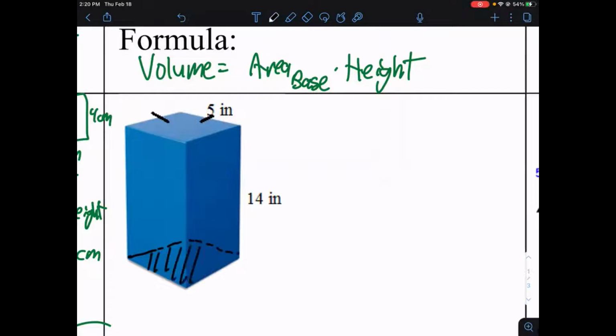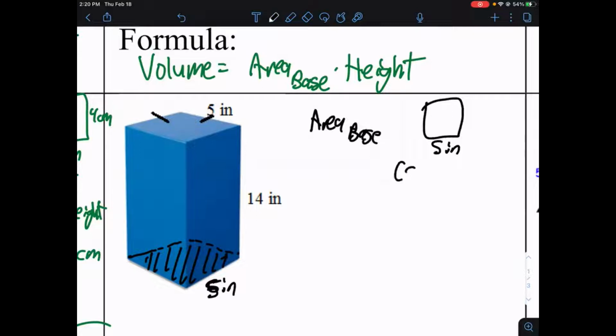The base then is a square with sides of 5. So the area of the base is just side squared. So 5 times 5 is 25.